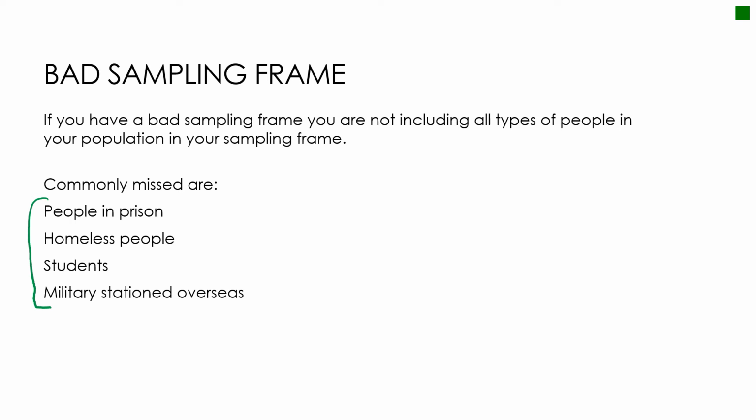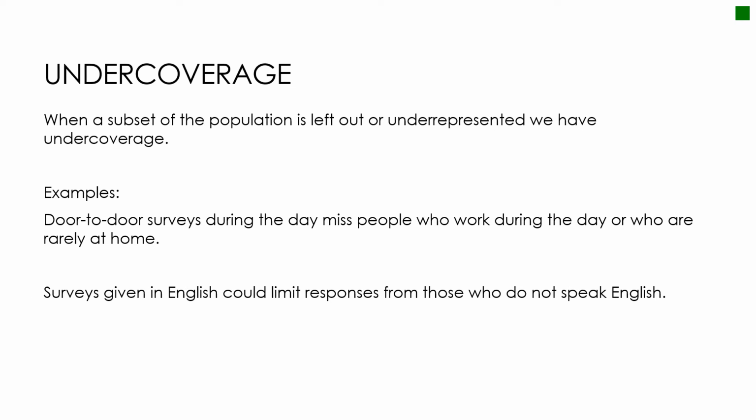And if I'm not including a whole group of people because they're in prison or because they're homeless or because they're students or military, etc., then that is called a bad sampling frame. Undercoverage is essentially a result of a bad sampling frame, which means that I have left out some part of the population.